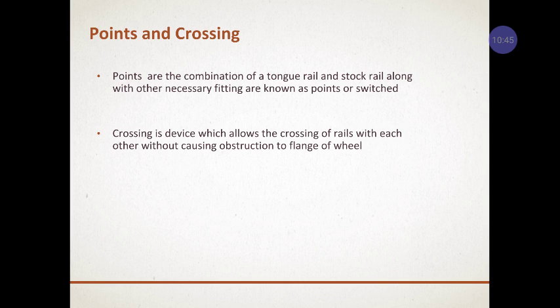In the first unit of railway engineering, I told what is the flange and how the track works. If you don't have any gaps between them, then you can't have a deviation or change of track. So the arrangement which allows the passage of the flange is called crossings.